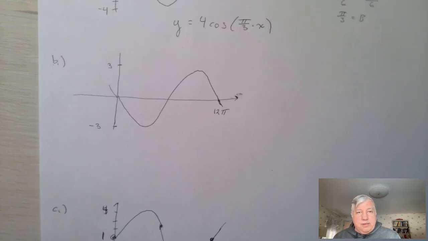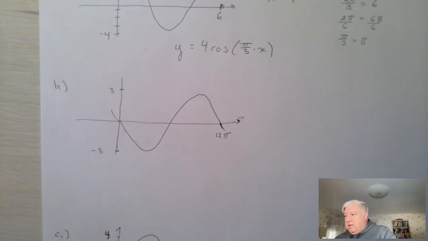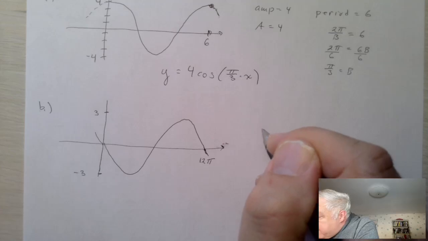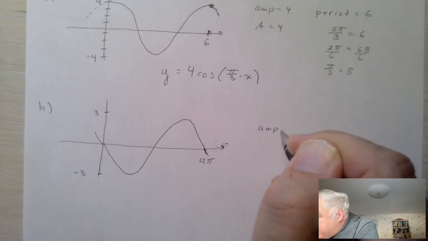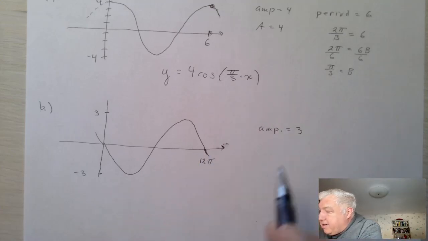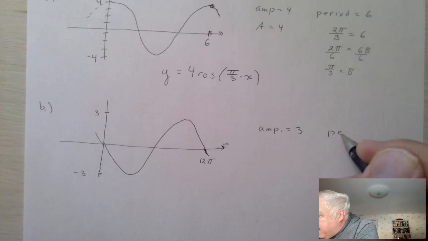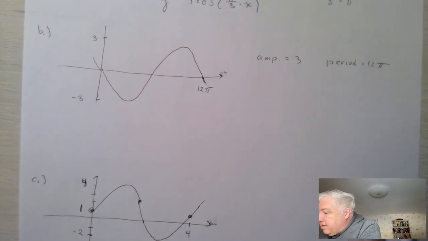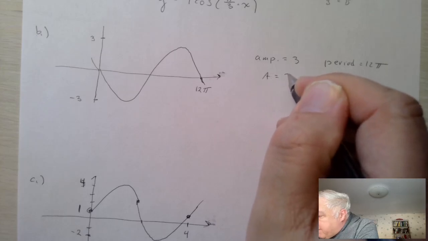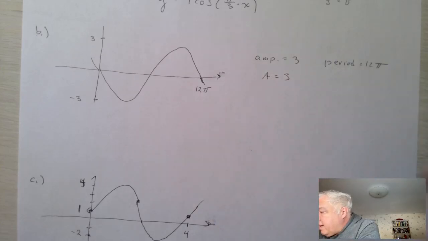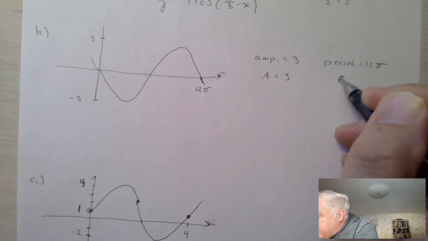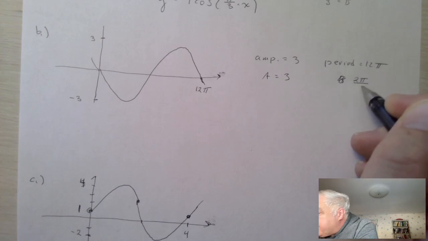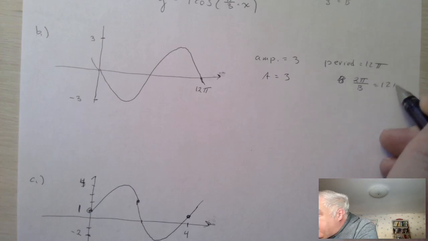All right, great. Let's look at this next one. Here we can see the amplitude is 3, and the period will be 12 pi. So we can take A to be 3, and 2 pi over B will be 12 pi.